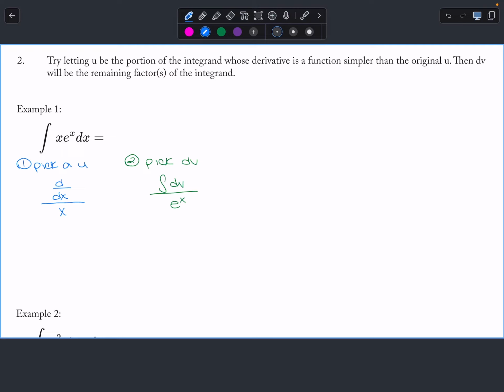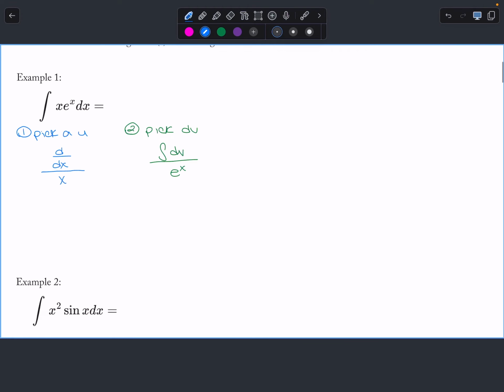Step 3 is to take the derivative of the x that I chose enough times to get 0. So the derivative of x is 1, the derivative of 1 is 0. That is step 3. All of this that I'm doing right now replaces doing the formula.